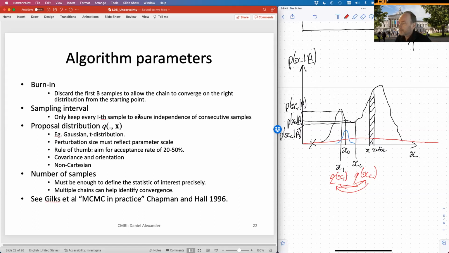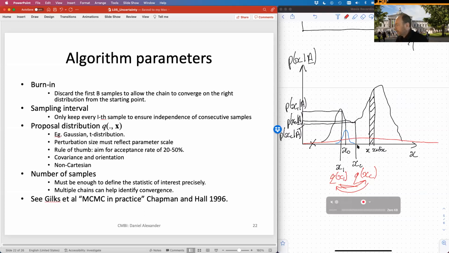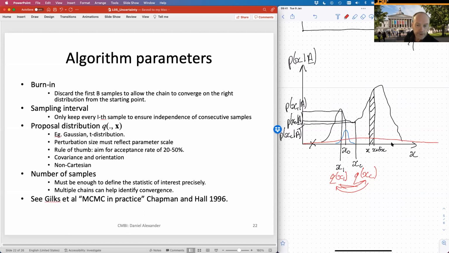Okay, but here are some various issues and parameters that crop up in the application of MCMC that we'll have a think about. So first thing is burn-in. I conveniently chose my X0 here to be nicely within the support of this distribution, so the process starts sampling sensible regions of the distribution straight away. But in general, of course, we don't know where the support of this distribution is.